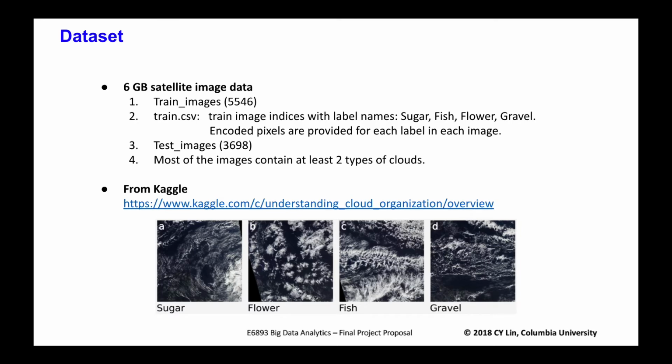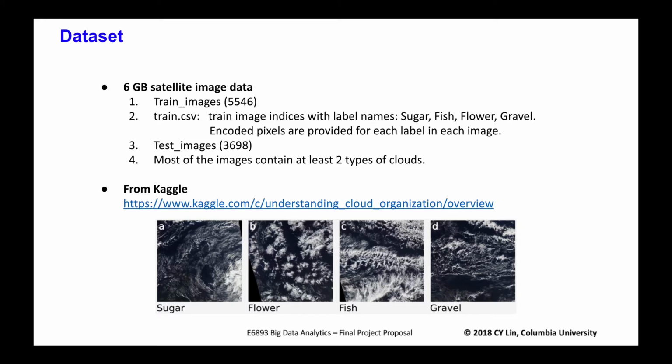Our dataset contains 6 gigabytes of satellite images. We have training data, including more than 5,000 images, and also a CSV file, which maps the image indices with 4 label names: sugar, fish, flower, and gravel, each corresponding to the picture below.